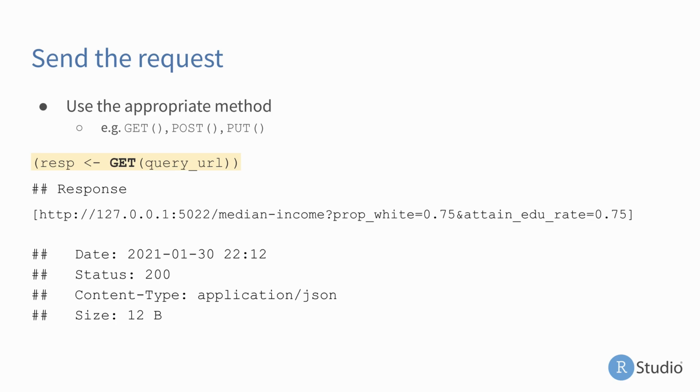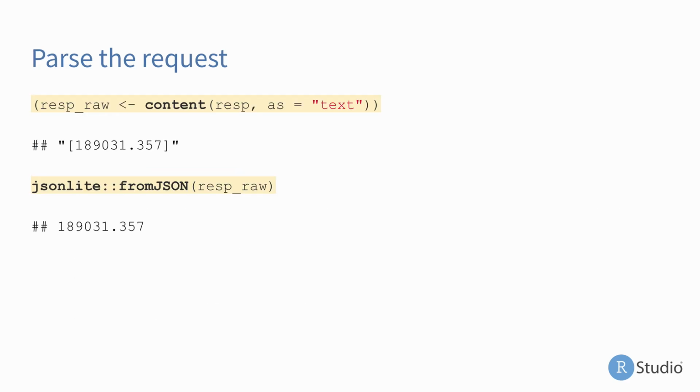So now we have this. We need to actually extract the values from inside of it. And to do that, we're going to use the function content on the response object. And I also want to specify the argument as equals text. Otherwise, the httr library is going to do its best to parse it, and it often ends up in a list object, and that can get a little hard to work with.